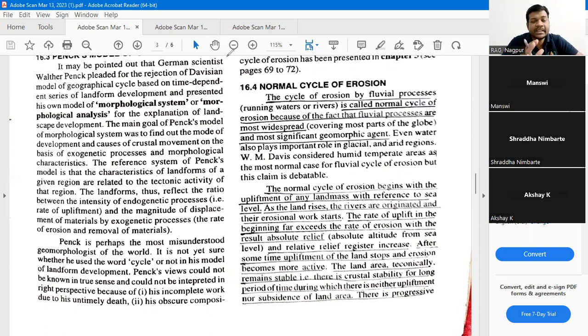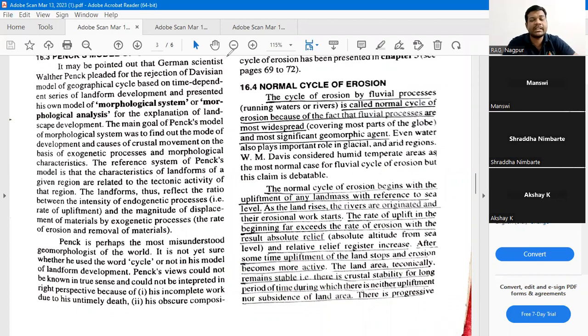At the same time it is an erosional agency as well as a depositional agency. When it comes nearer to the sea, it slows down and is a depositional agency rather than an erosional agency. He made these observations for numerous rivers, not just one, but many rivers in his lifetime.